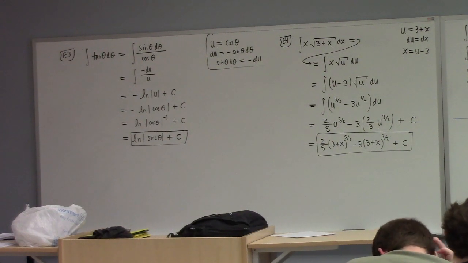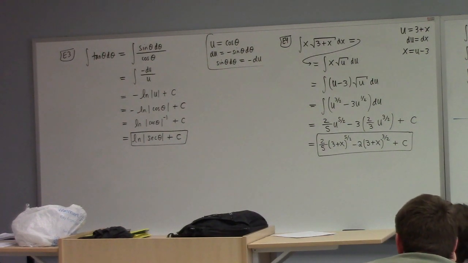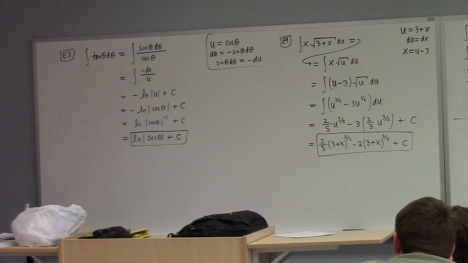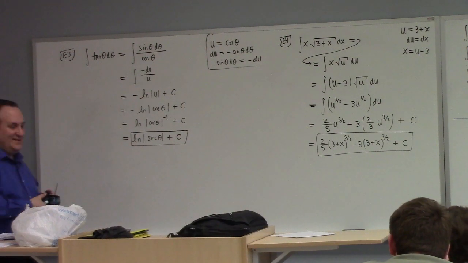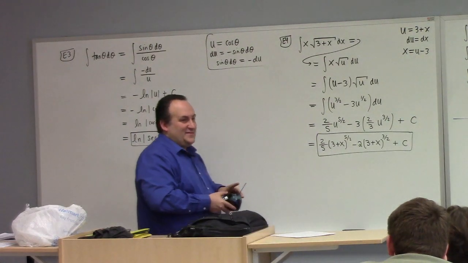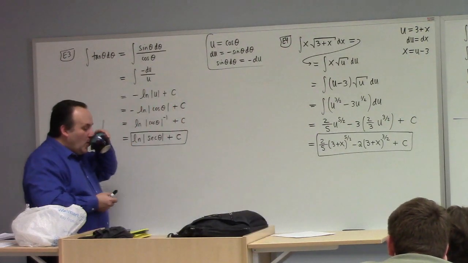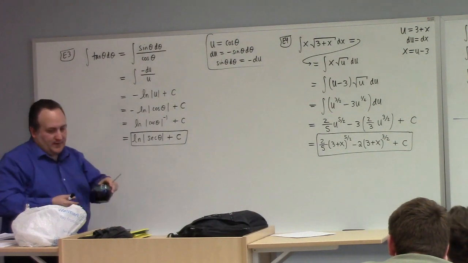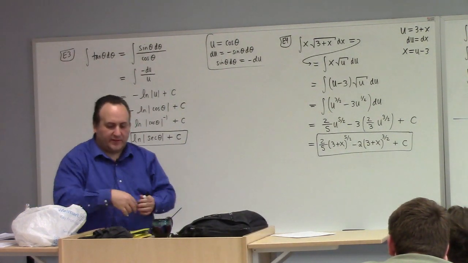Could you do that, just from guessing? I don't think I can. But there it is. If you differentiate this thing, somehow, through things canceling out, the derivative works back out to that. It's kind of shocking, isn't it? So that's pretty neat. Let's do another.